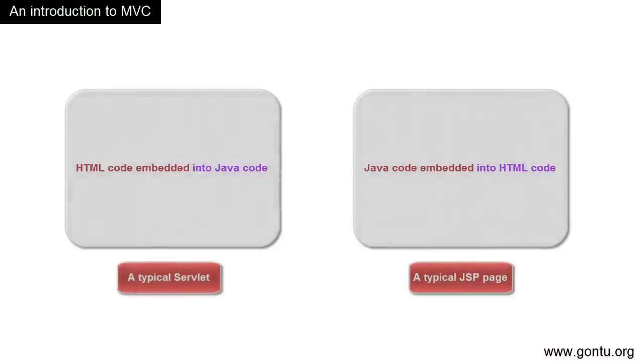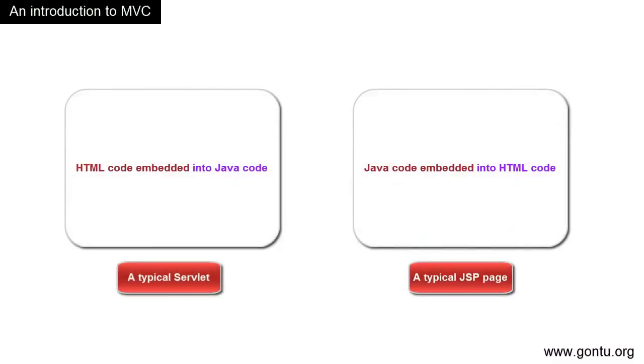Many people in the IT industry argued that the approach developers follow in both ways is not so good. A typical JSP page or a servlet which developers write would have two things or responsibilities mixed together.